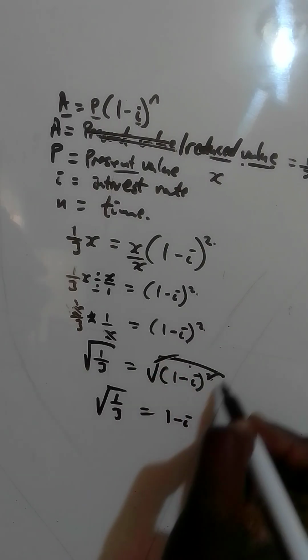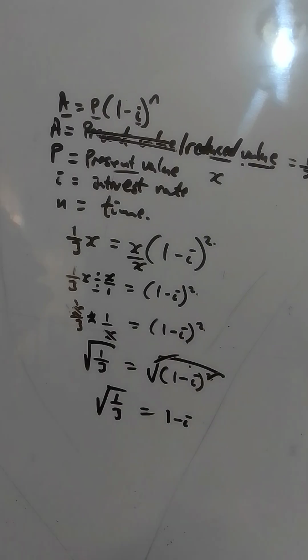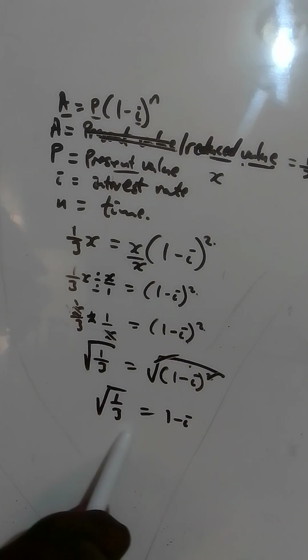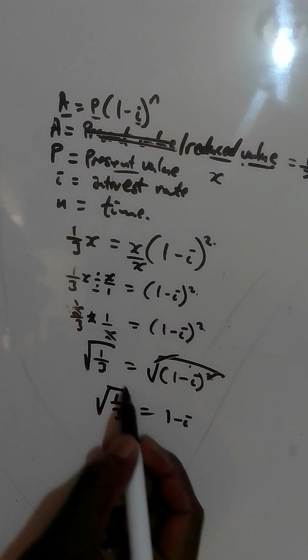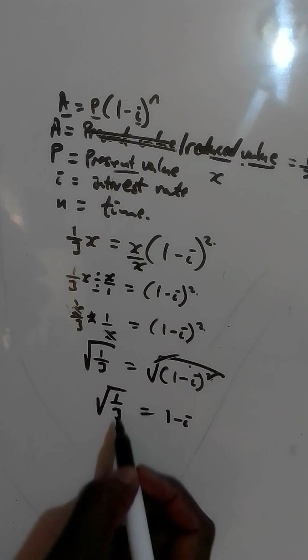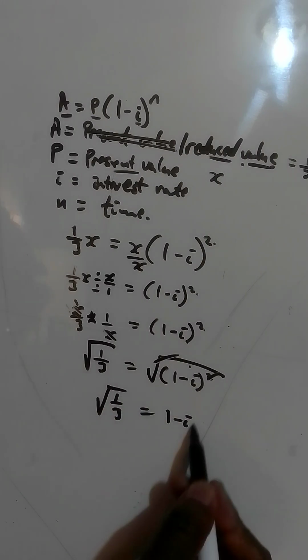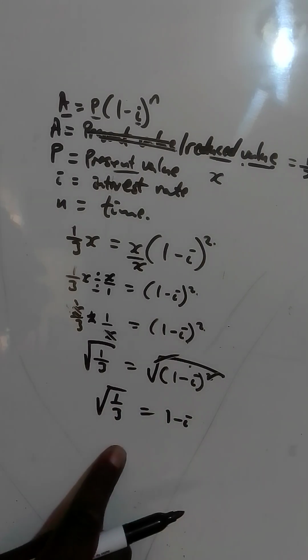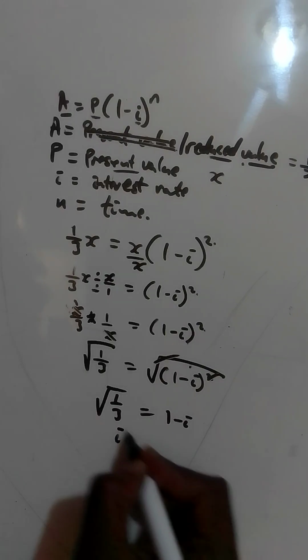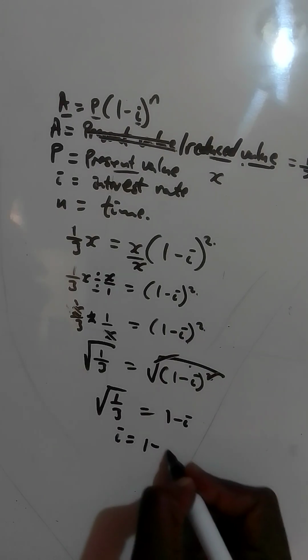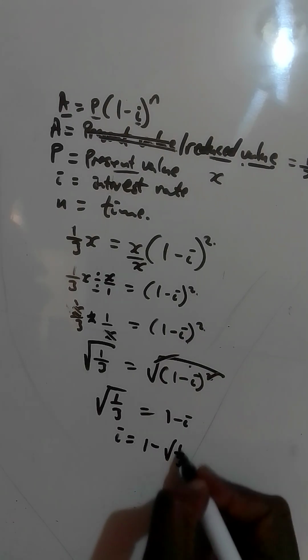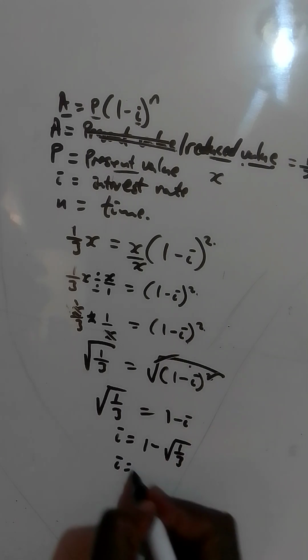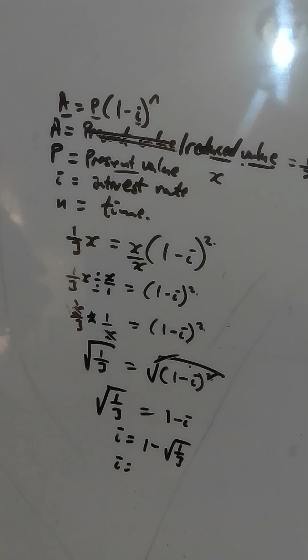This one is a like term, so we transpose this square root of a third, and we transpose this negative i so that it can be positive. So we now say that i is equal to 1 minus the square root of a third.